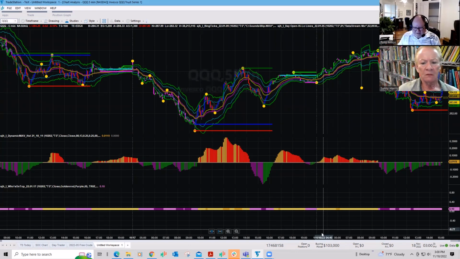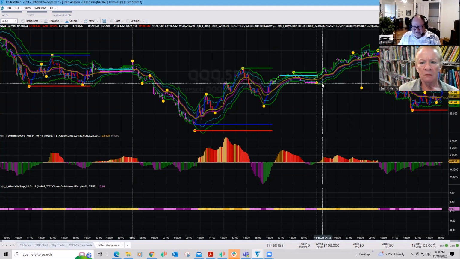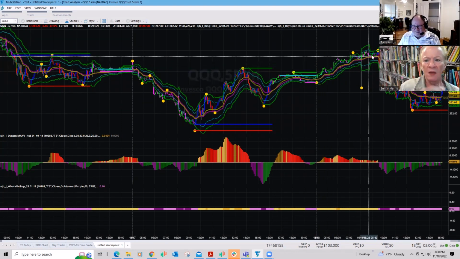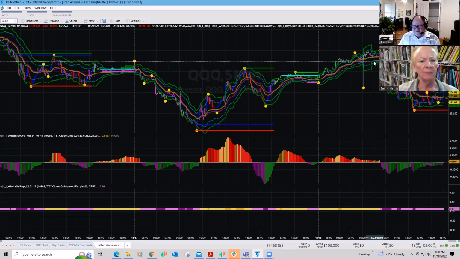Just to get a data point, so we're at 11:18 here, but that's midnight of 11:18. So I'm triggering in on blue and red bars. That lets me know that's where I'm trading.